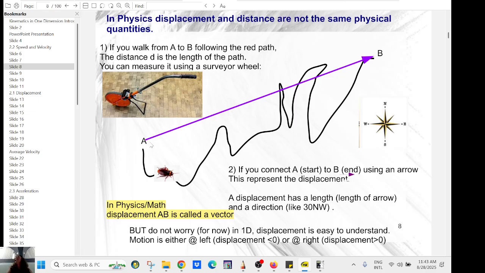Now, if you connect point A to point B with an arrow, an arrow has a tail and a head. So I go from A to B. That object is called a vector, and this is called the vector displacement.